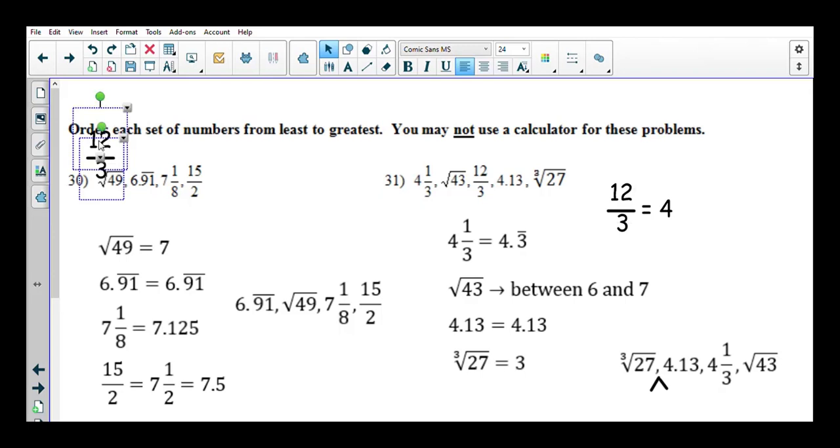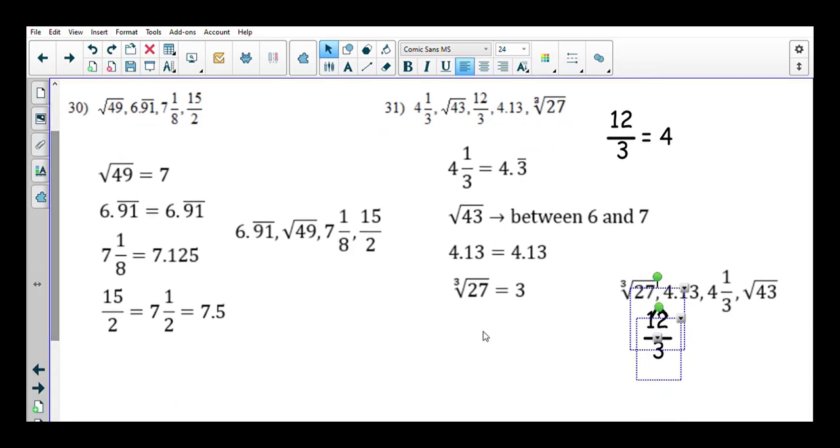So bear with me while I get this guy moved. Let's see if I can move it. All right, so move you down there. My apologies for messing this problem up, but you know, we can fix it, no big deal.